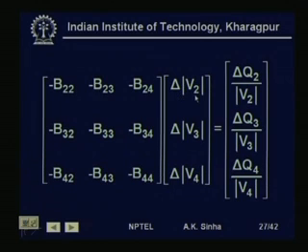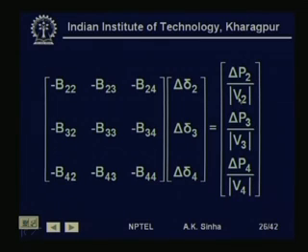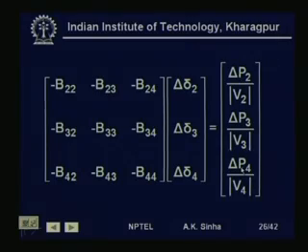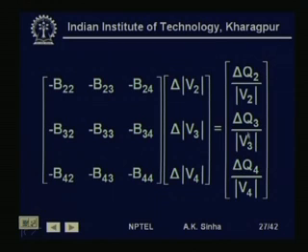So, once we get these delta V's, we add them to the previous iteration values of V, and we get the new values of V, and then we go back and again compute these values with the new values of V obtained and solve for delta delta, and this way we keep on repeating the iteration till we find that the value of delta P for all the buses and delta Q for all the buses are within limits.